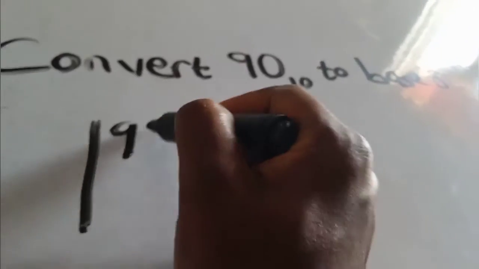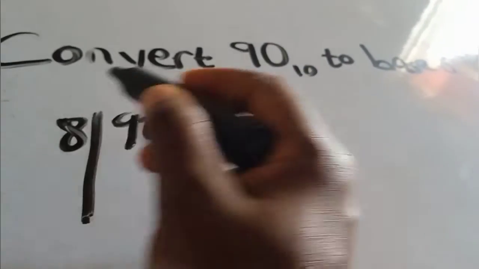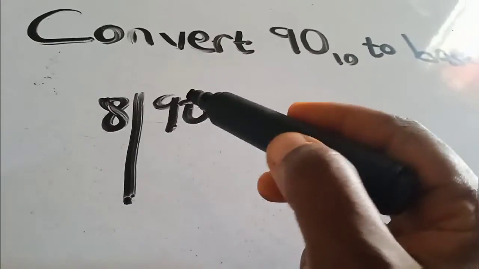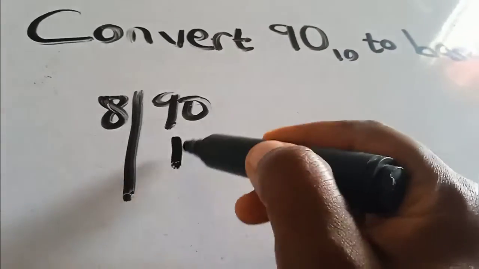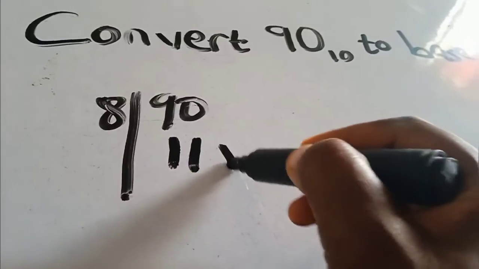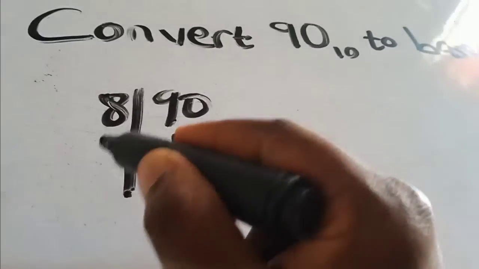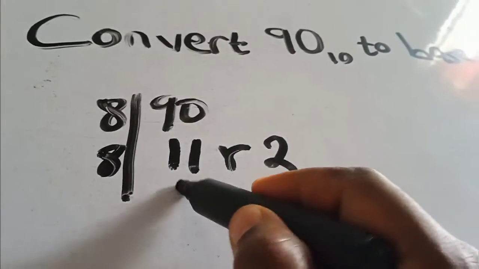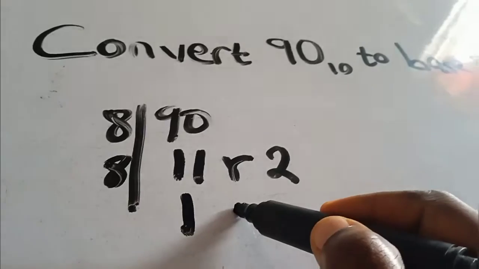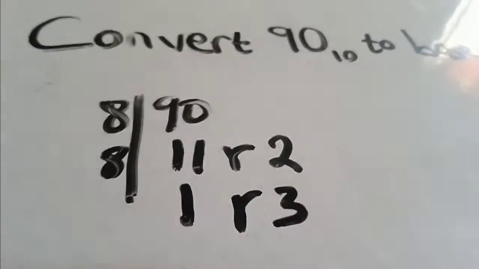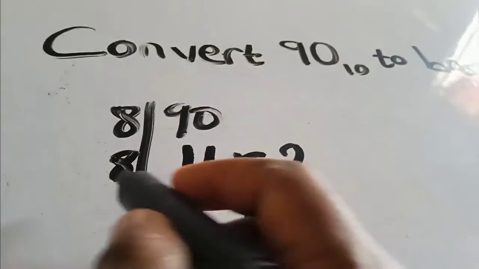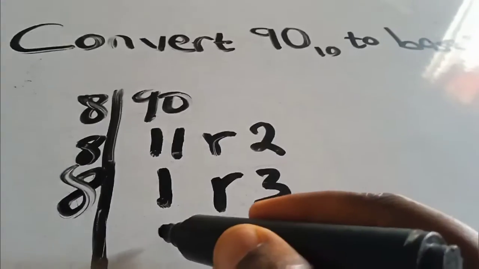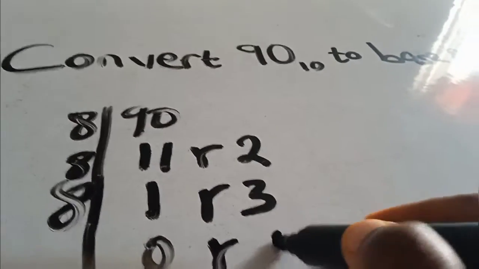So I have 90, and I divide by 8. 90 divided by 8 gives us 11, remainder 2. 11 divided by 8 gives us 1, remainder 3. 8 going into 1 is 0, remainder 1.